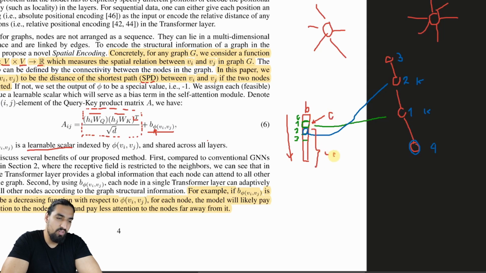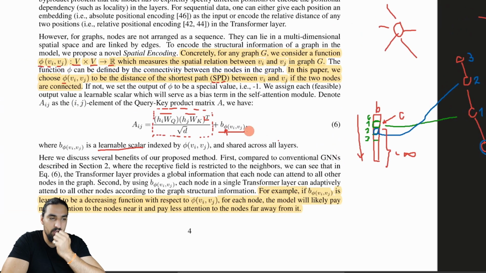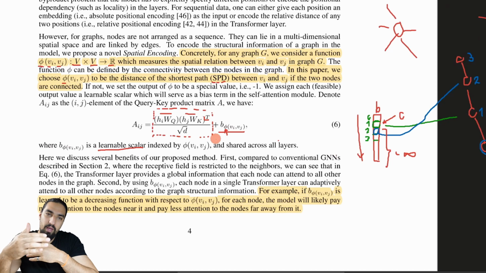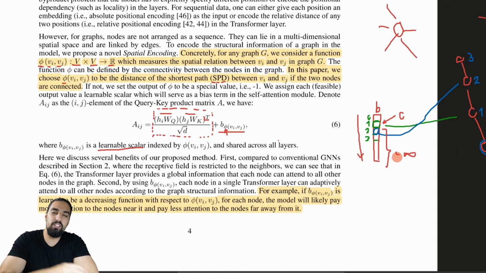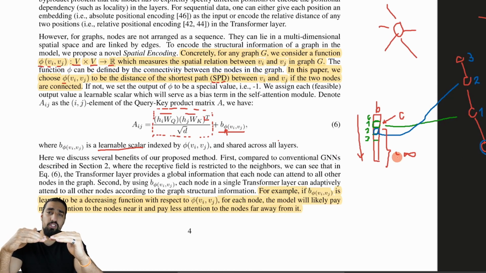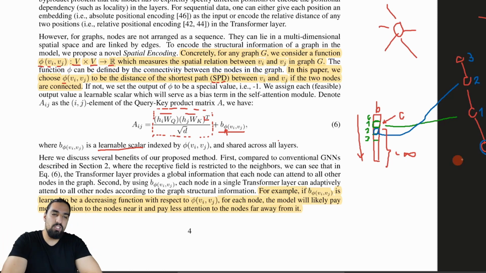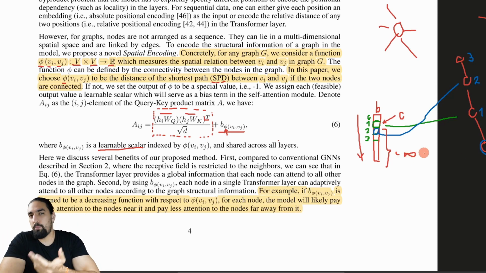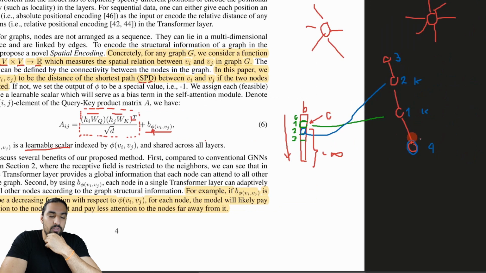So if this is -infinity, what will happen is, because you're adding those to the attention score, after applying softmax, all of those nodes which have -infinity, the attention coefficients will drop to 0, whereas for this one, it will be non-zero, it will be probably 1. So in this particular graph, what we'll end up doing is focusing on only this node here and ignoring the rest of these.